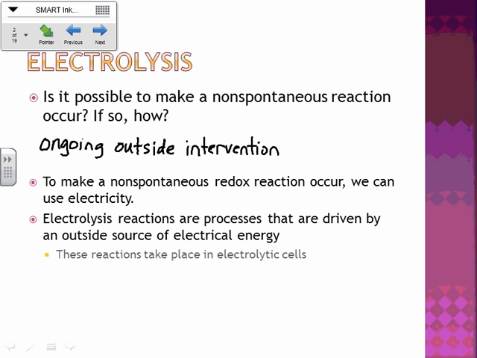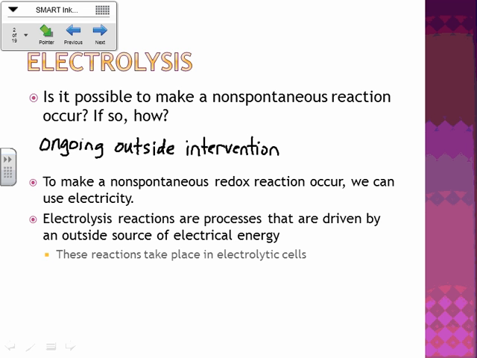And what do we mean by outside intervention, really? How are we intervening, probably? Well, a spark would be an example of starting a spontaneous reaction, and then it keeps going on its own. So that's the initial intervention that we might have to provide, but there's no ongoing intervention required.